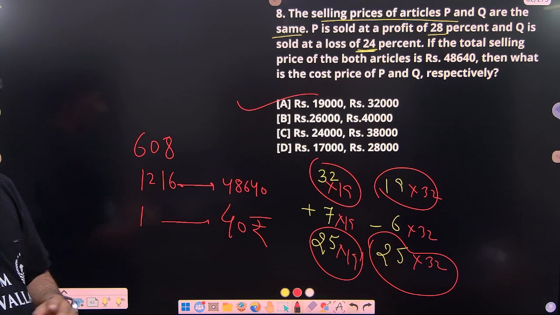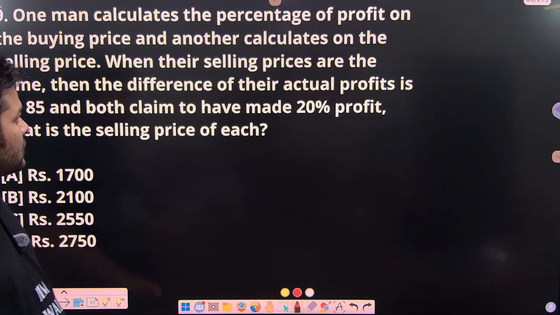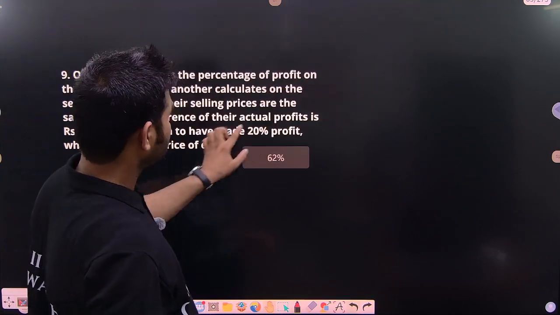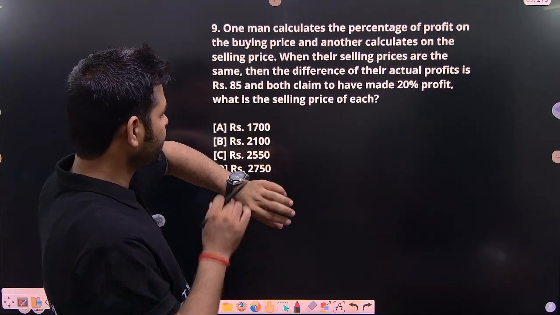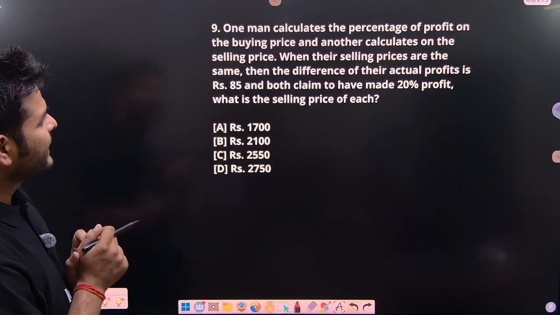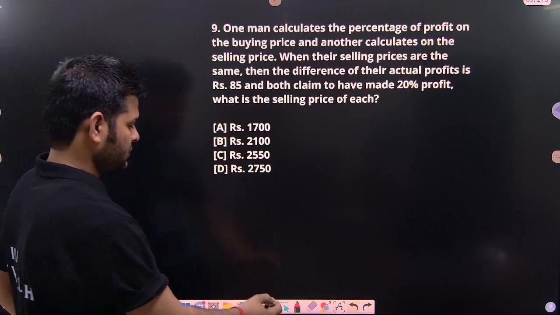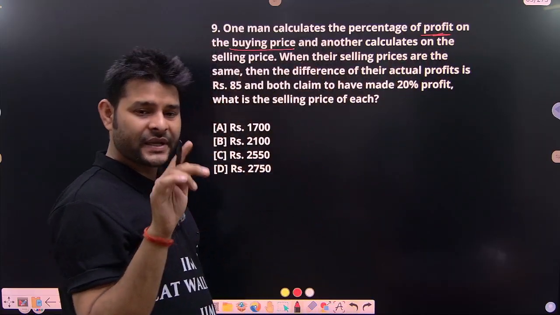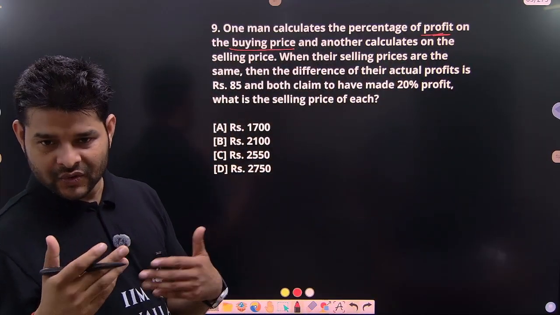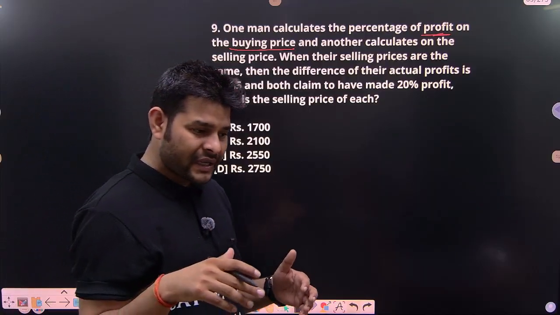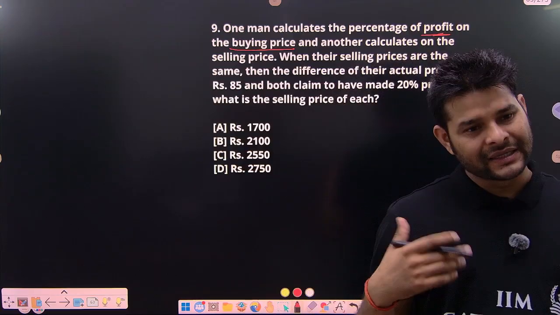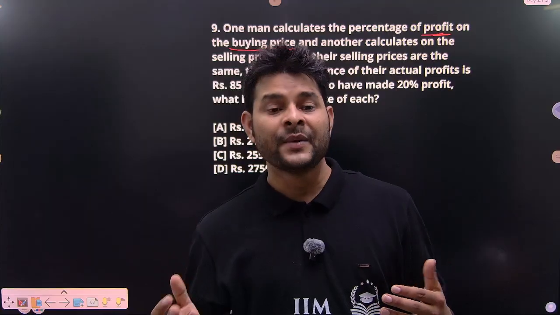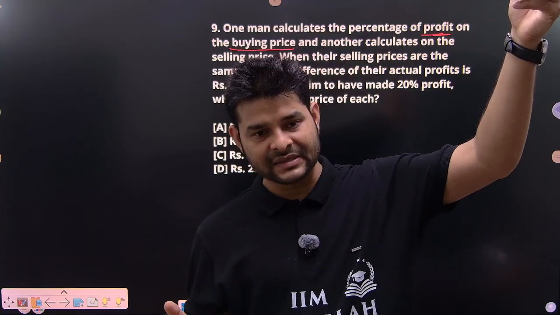The next one, 9, is also your doubt. So basically, one man calculates the percentage of profit on buying price, meaning cost price. So there is a difference, you know. Profit and loss can be calculated on either value, whether it's selling price or cost price. We have already discussed this in the basics classes.